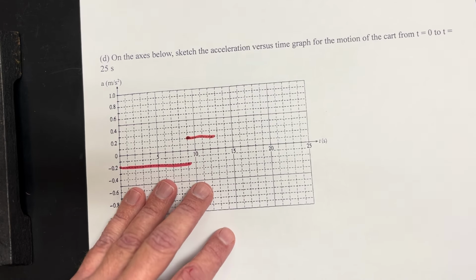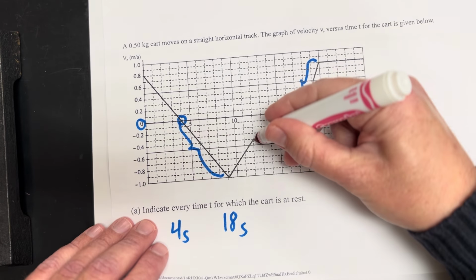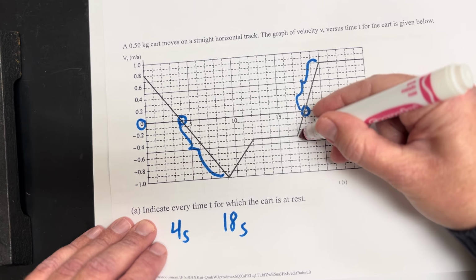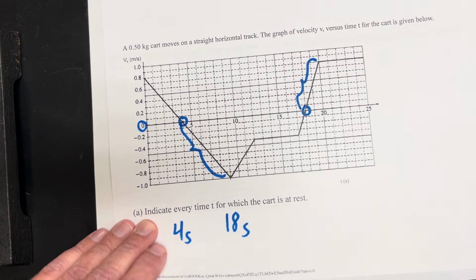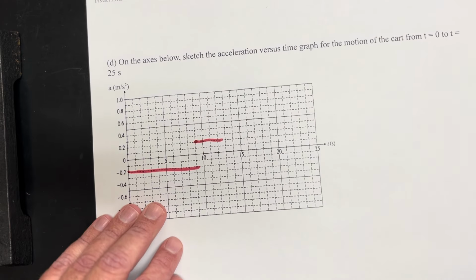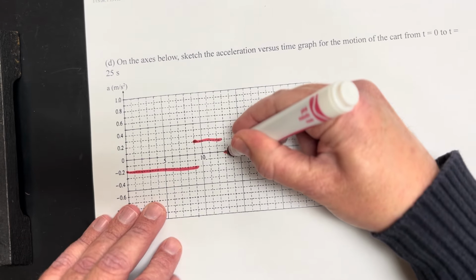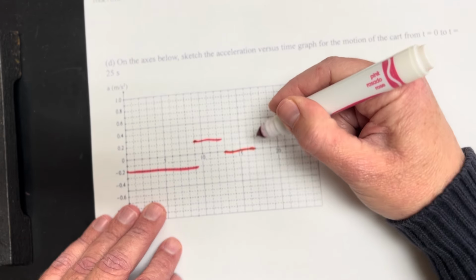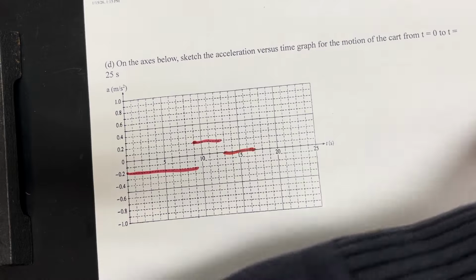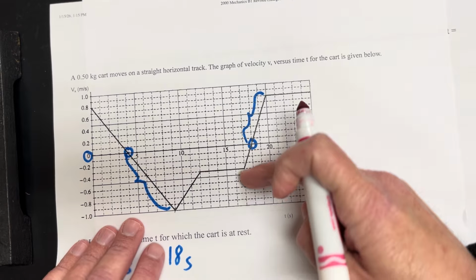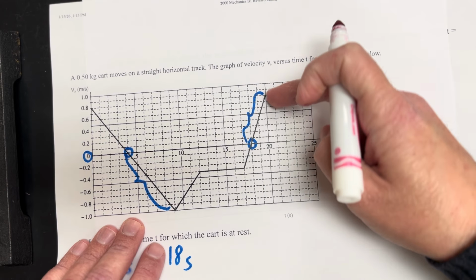Then we can look and see from 12 seconds out to 17 seconds that we have a constant velocity, no slope. So we would drop down to here. And then finally, or not finally, two more here. Here we have a new slope at 17 seconds.